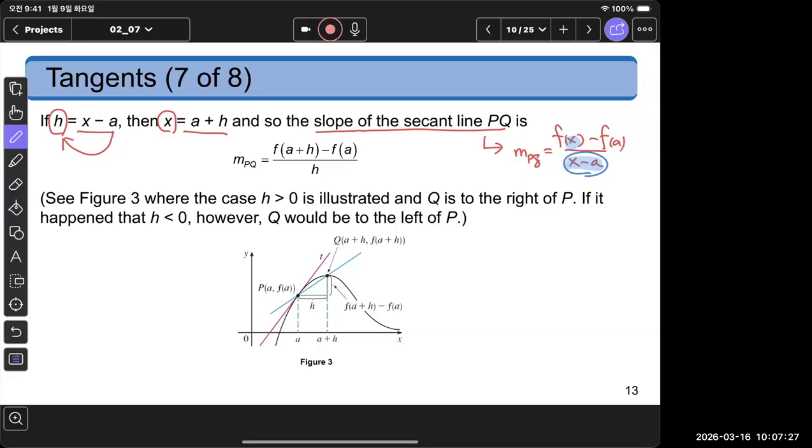So the slope of the secant line can be replaced by f of a plus h minus f of a over h. Sometimes people use this expression, or sometimes people may use f of x minus f of a over x minus a. Either should be fine with you.